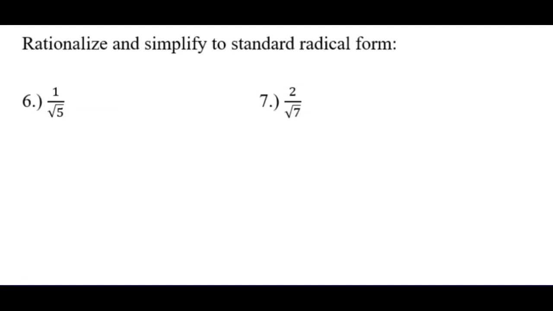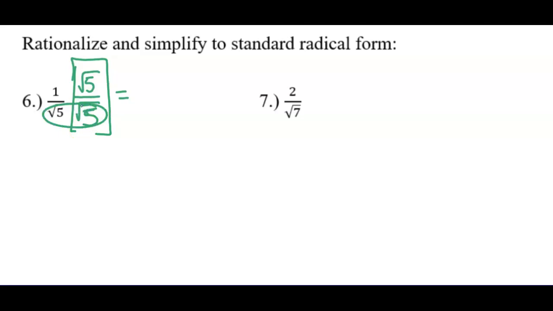Okay. I need to multiply this by my giant 1. I'm not going to make a fancy 1 for this. What's my 1 going to consist of? My denominator is the square root of 5, so the square root of 5 over the square root of 5. Okay? So I'm going to multiply that. Here's why. Look, down here, what do I have? I have a pair underneath.